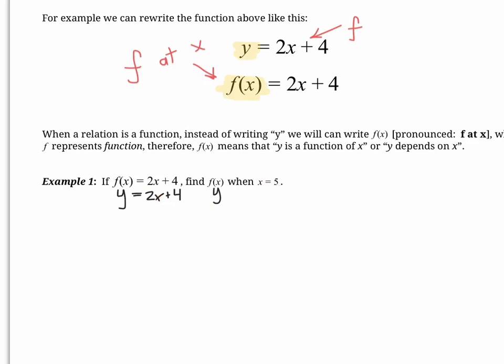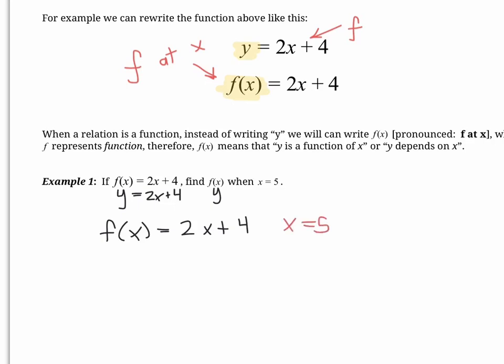So what I'm going to challenge you to do is use function notation to find this. Now that we know what's happening, we're finding y when x is equal to 5. But our challenge in grade 11 is, can we do that using function notation? So I'm going to copy out the function using function notation, and then we are going to input x equals 5.